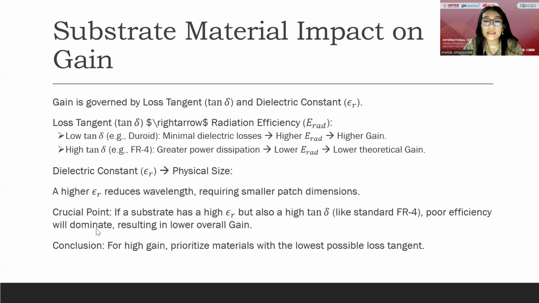Now, the crucial point is if a substrate has a higher dielectric constant but also a high loss tangent, like FR4, we get poor efficiency and a lower overall gain. The conclusion is that for high gain, prioritize material with the lowest possible loss tangent. That's the goal.